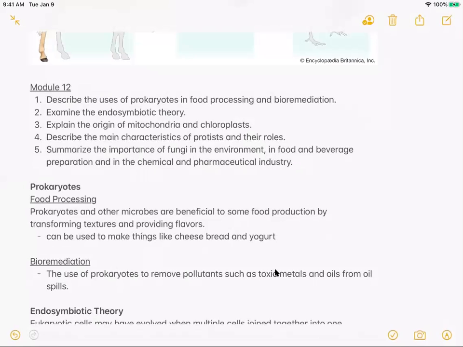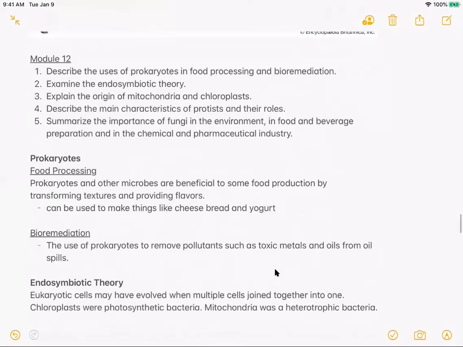In some cases, prokaryotes are added so that they can fight off other types of prokaryotes from infecting or contaminating the food product. So I would definitely know that cheese, bread, and yogurt can be created through prokaryotes. In the case of bread, yeast can be used.